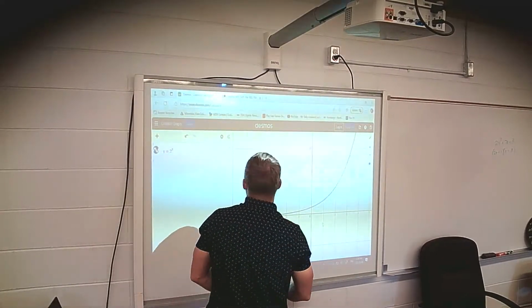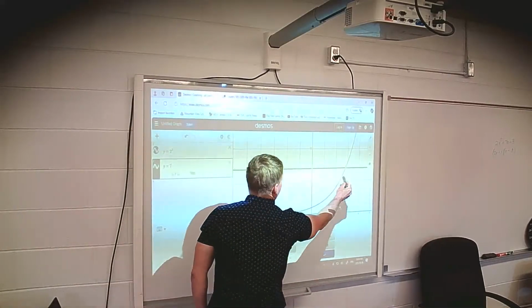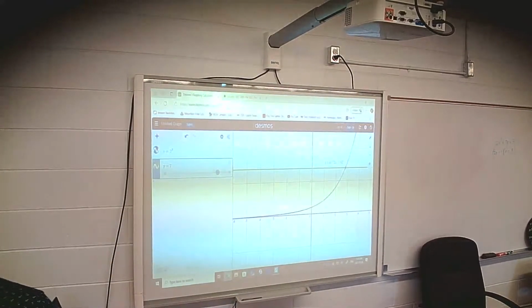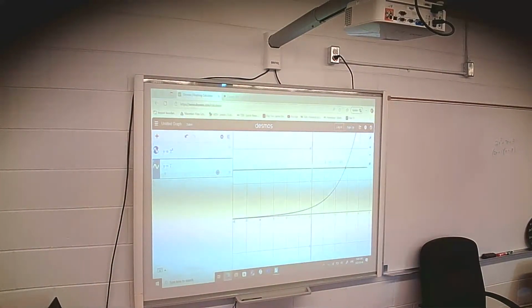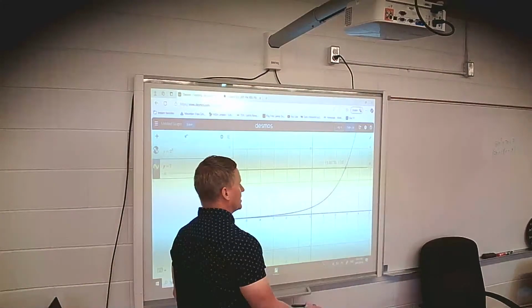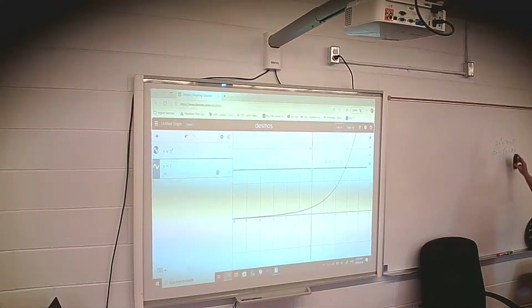So I have y equals 2^x, then I did y equals 7, and I found my intersection point. Okay, so again, we're not able to use Desmos on the exam, so we have to have another way in which we can solve this without the use of the graphing technology.